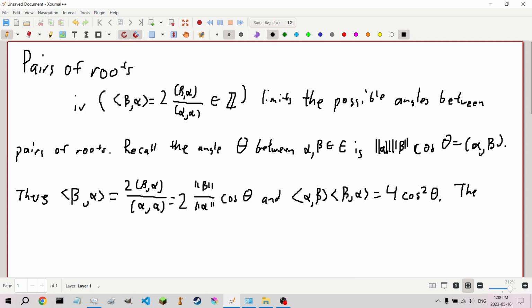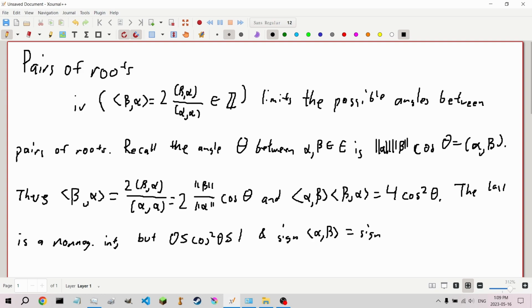The last formula here is a non-negative integer, but cosine squared of theta is between 0 and 1, and the sign of alpha angle bracket beta is equal to the sign of beta angle bracket alpha.